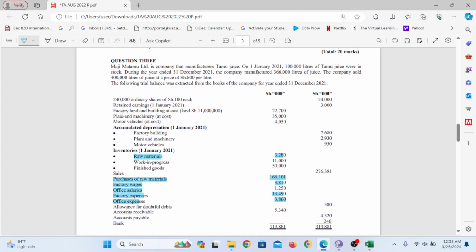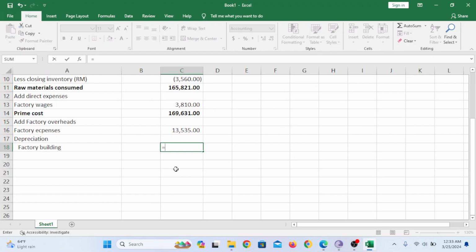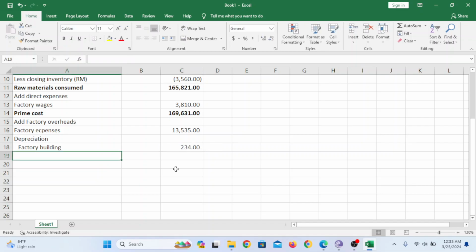When you come to factory, there is land and building, and land is 11. So the remaining goes to the factory building. So that is 22,700. Subtract the 11,000. Then now we compute 2% times 0.02. So I'm getting 234 as my depreciation.